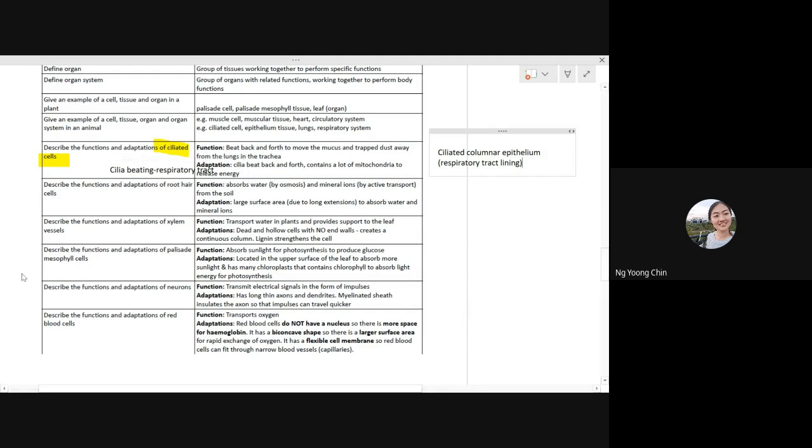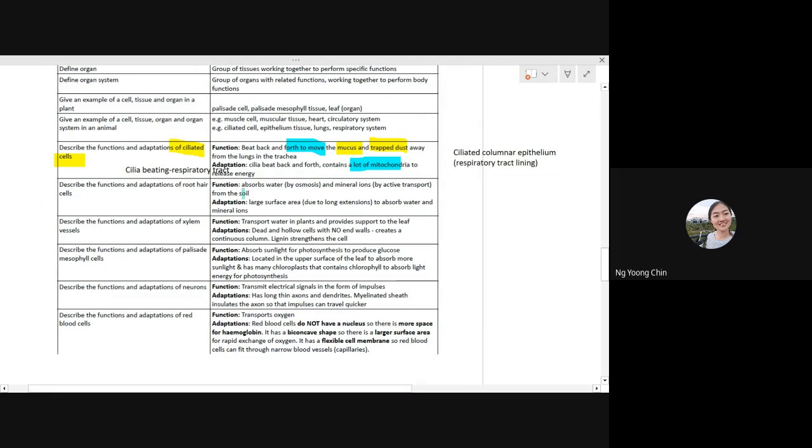Okay, the keyword is, see, mucus trap the dust, and then cilia move the mucus. Yeah, cilia move the mucus by cilia beating. Yeah. So since cilia is always beating, right? So inside they also contain a lot of mitochondria to release energy. So this is how the cilia, they will get energy, they will continue the beating to move the mucus everywhere.